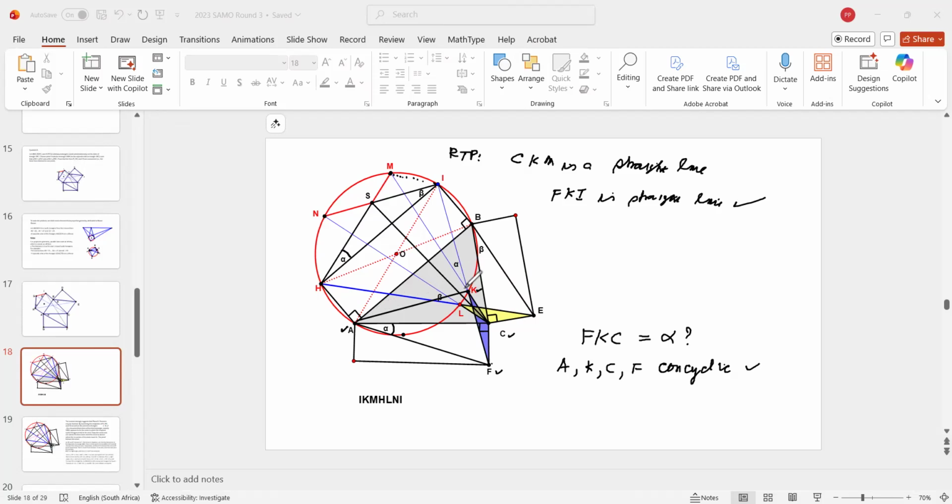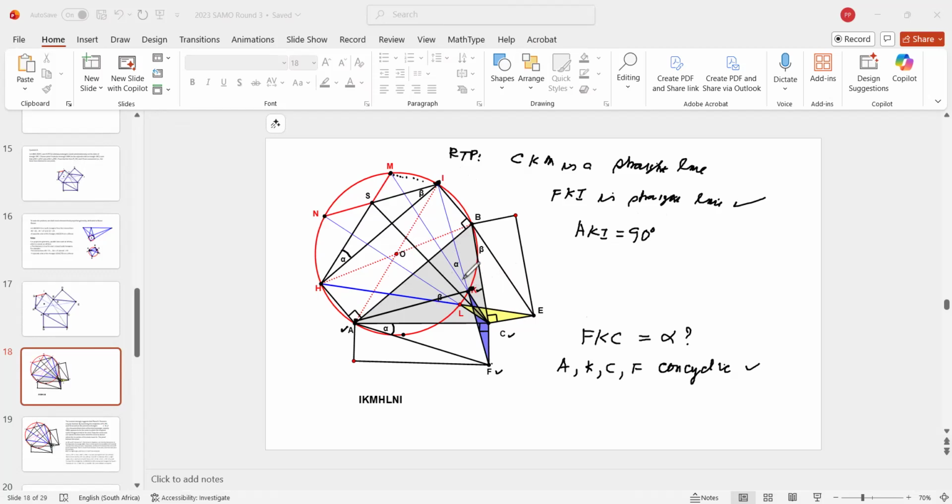So it's the same as asking whether AKI is equal to 90 degrees. But wait a minute. K, I, and A are now on the circle.